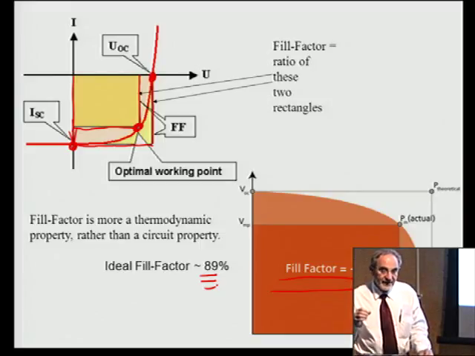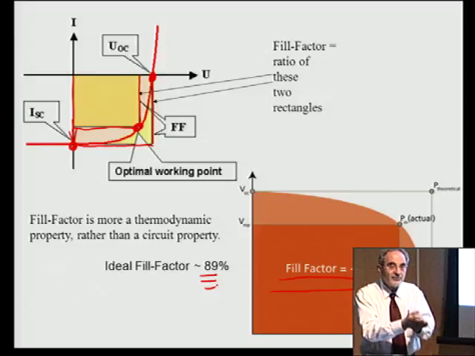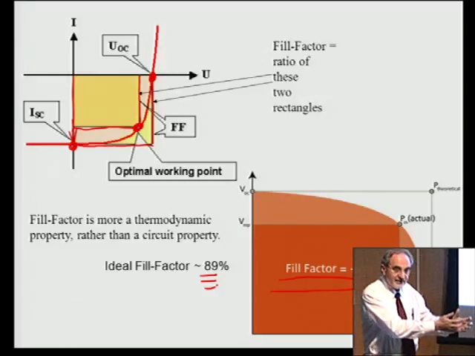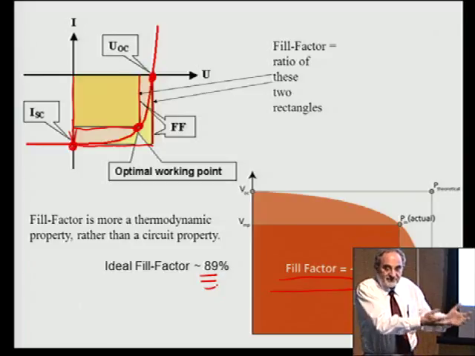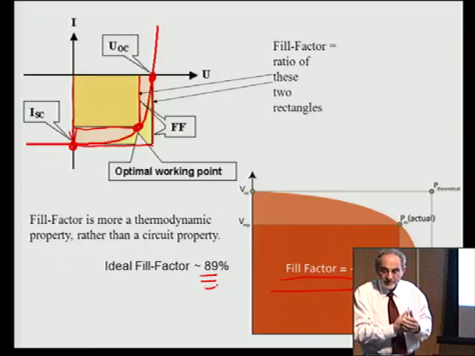In thermodynamics, if you get greedy and you want all of one thing, that could be very improbable. Or you might say, oh, I want all of the other thing. In statistical mechanics, that's just a very, very improbable situation. So what you want to do is you want to have this compromise.